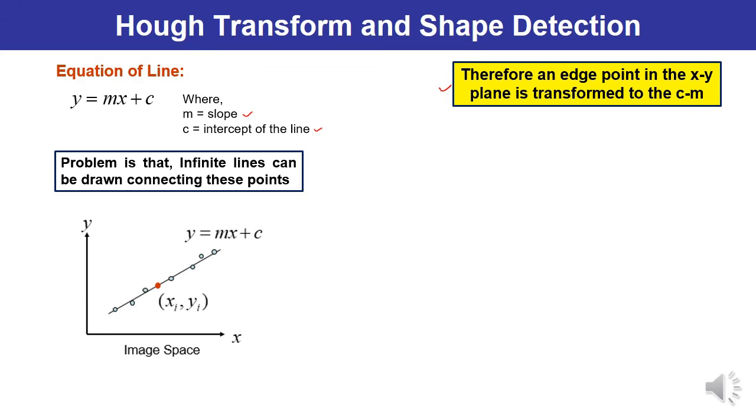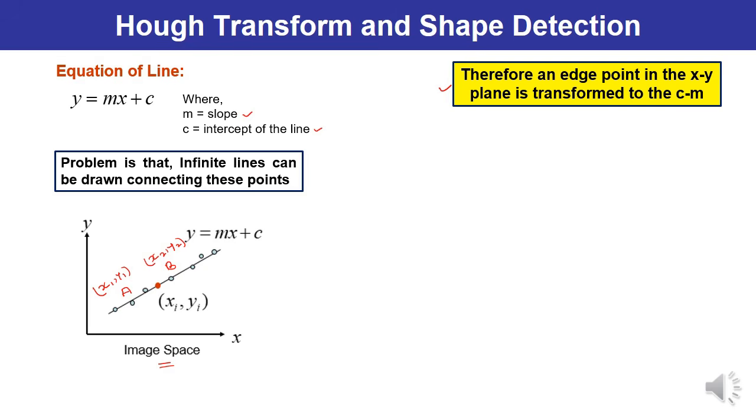You can see over here a line drawn in the x and y plane. This is the image space. The coordinate of a point is mentioned as xi, yi. You can take two points, A and B. If the coordinates of point A are x1, y1, and the coordinates of point B are x2, y2, you can write down the equation of the line as y equals mx plus c.